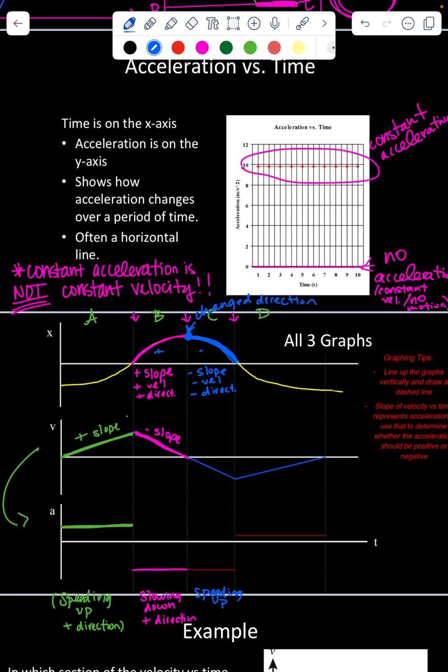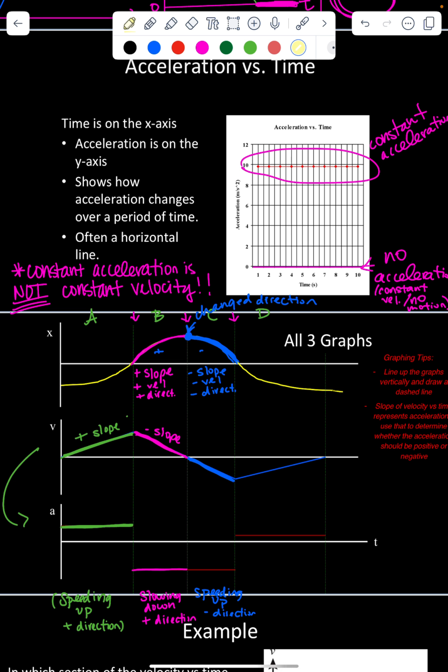That negative slope tells us that we're going in the negative direction, so we're speeding up in the negative direction. That negative direction tells us that we're going to be below the x-axis on our velocity versus time graph. If it's speeding up, that means that our line will trend away from 0. So that's exactly what we see right here.